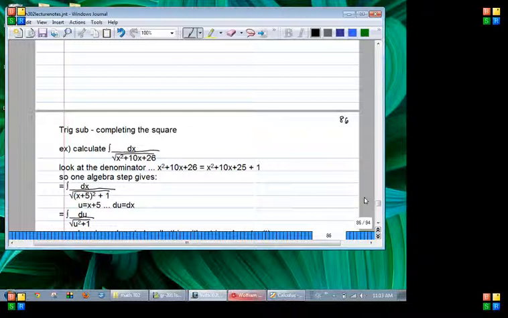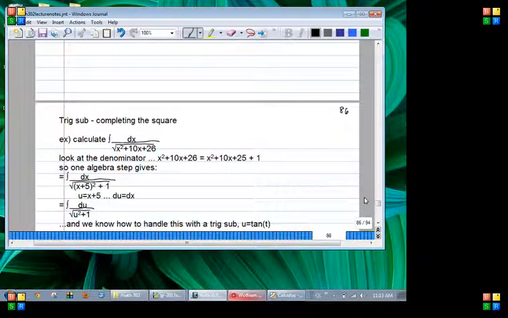And then this will be secant. And du equals secant squared t dt, and then you just work out the rest of the integral. Okay. So this is the basic idea. Does that make sense? Okay.